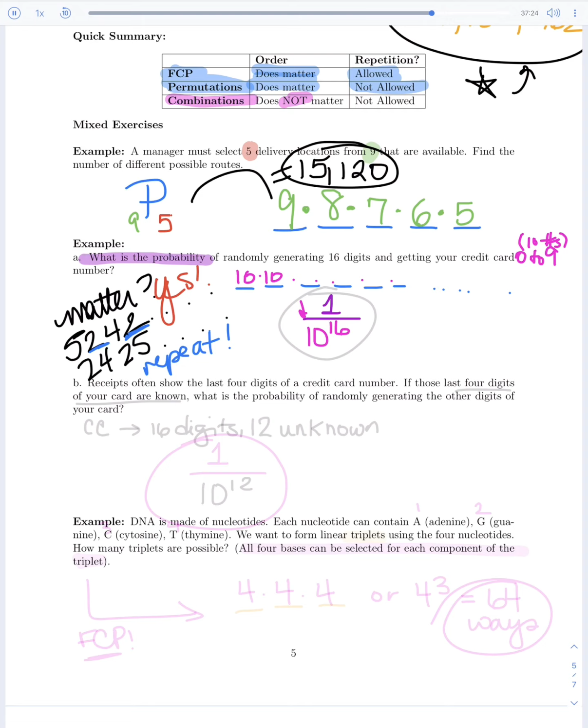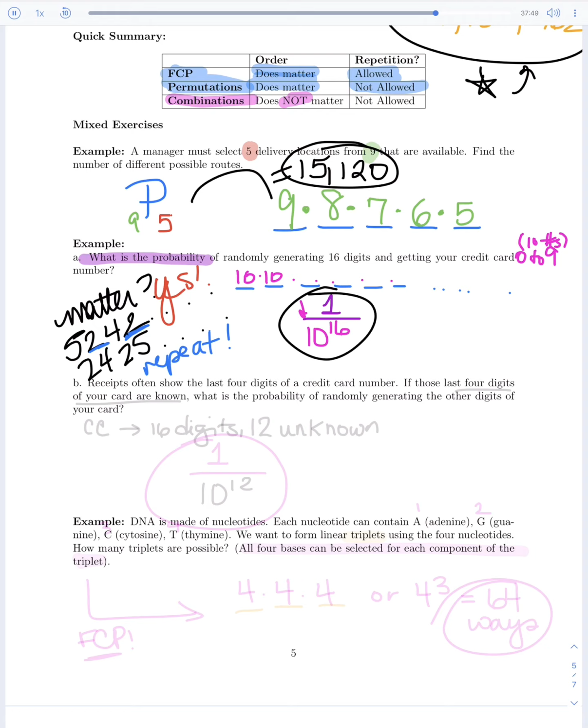And that's not even taking into account that whenever you use a credit card, you usually need a CVV code, or at least a zip code, which makes this even less likely. So we're going to leave our probability just like this, and that is good enough: 1 out of 10 to the 16th power.